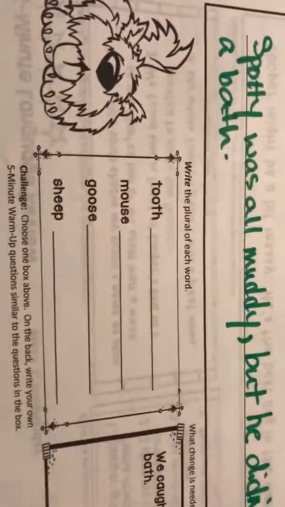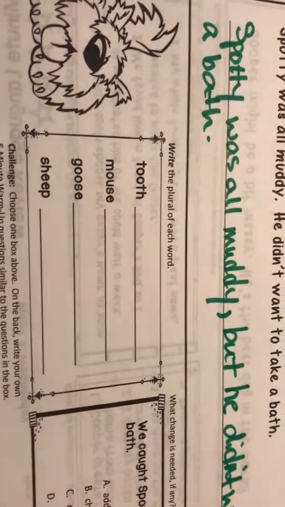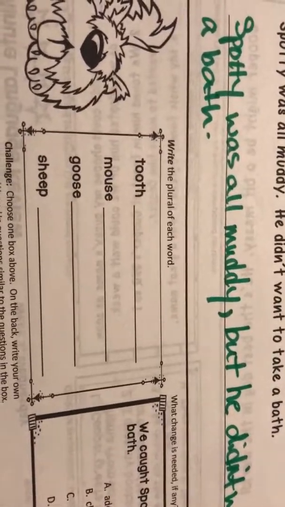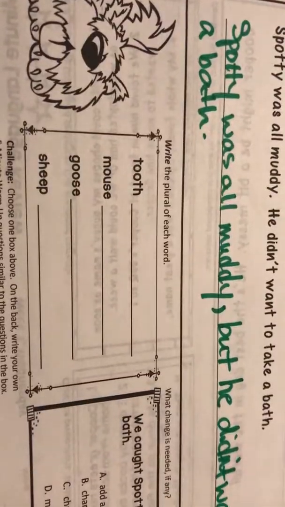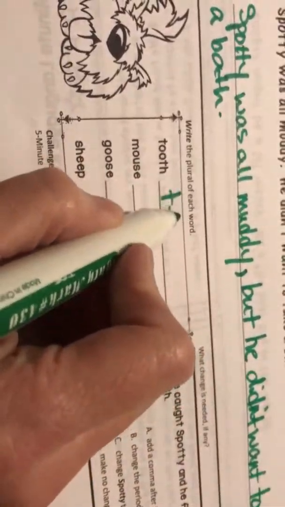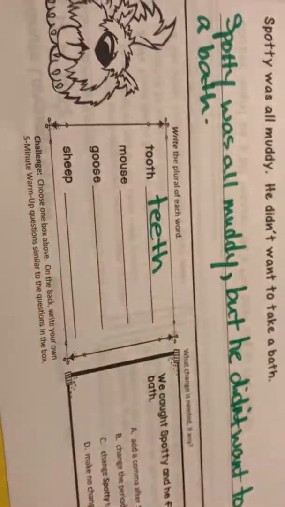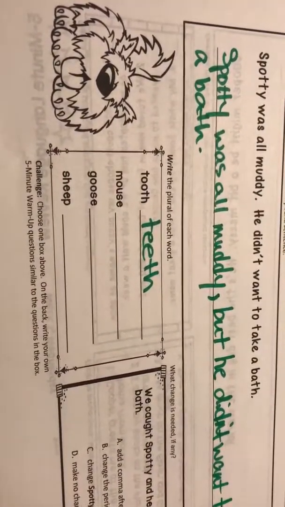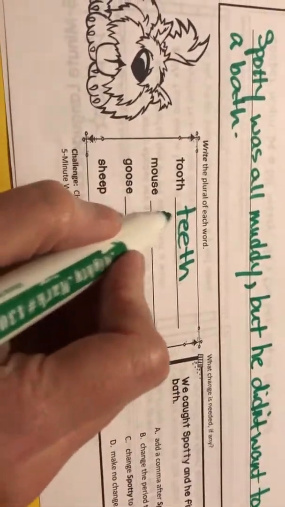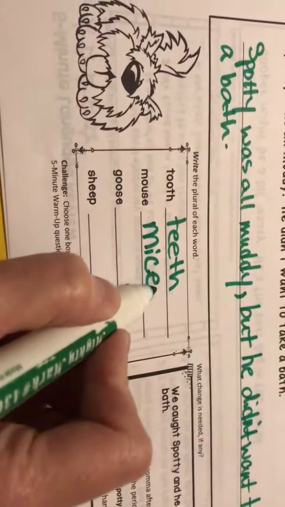Okay? All right. Next, the plural of these words. Remember, these are irregular plurals, so you're not going to add an S or an ES. So, one tooth, two teeth, T-E-E-T-H. One mouse, three mice, three blind mice, mice.